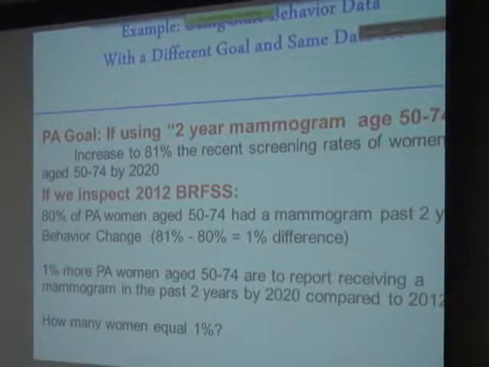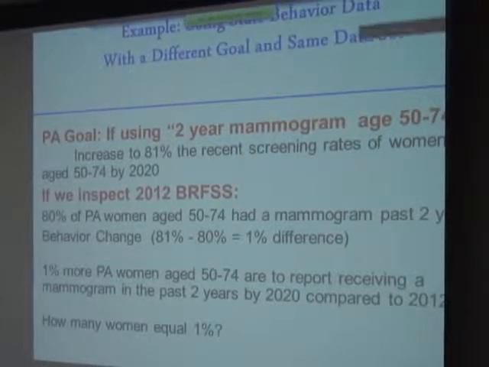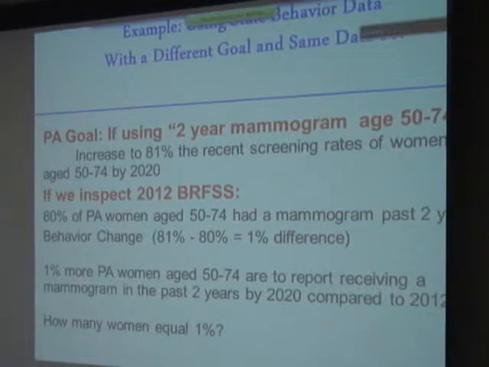If we inspect the 2012 BRFSS, we can see that for that age group, 80% met that mammogram goal, all right? And we've got a goal of 81% set by the state of Pennsylvania for this, so that's just a difference of 1%.